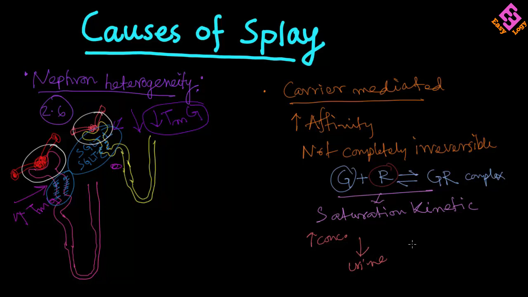In other words, all the carriers can be utilized only when the number of glucose molecules is more than the number of carrier proteins present. So extra glucose comes out in urine at a value lower than the ideal transport maximum of glucose or ideal plasma glucose threshold level.